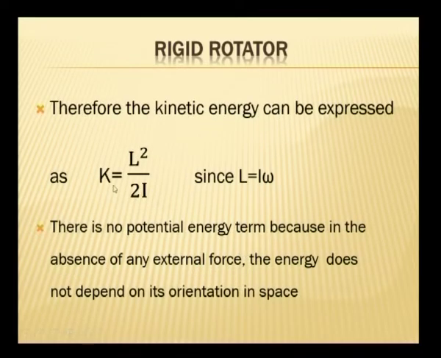The kinetic energy becomes K equal to L square by 2I, since L is equal to I omega. There is no potential energy term, because in the absence of external force, the energy does not depend on orientation in space. Therefore, there will be no potential energy term involved here.